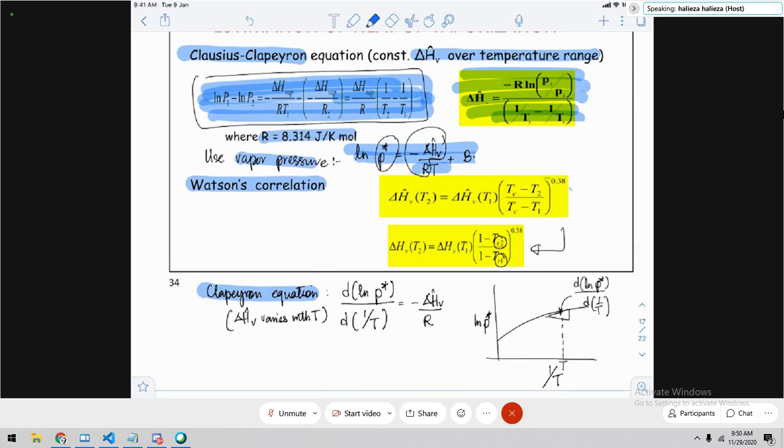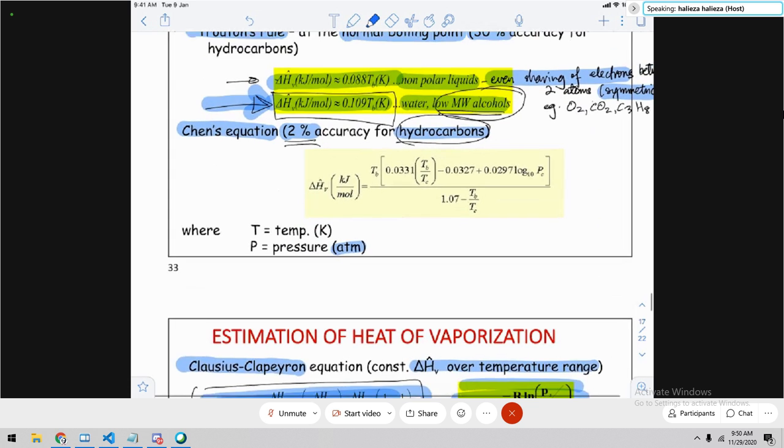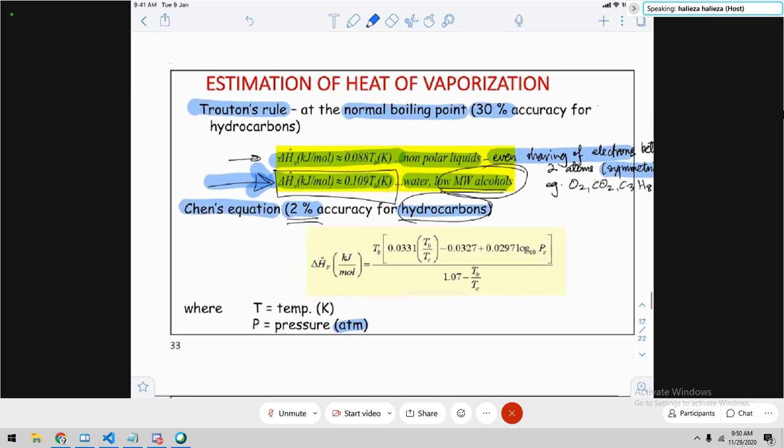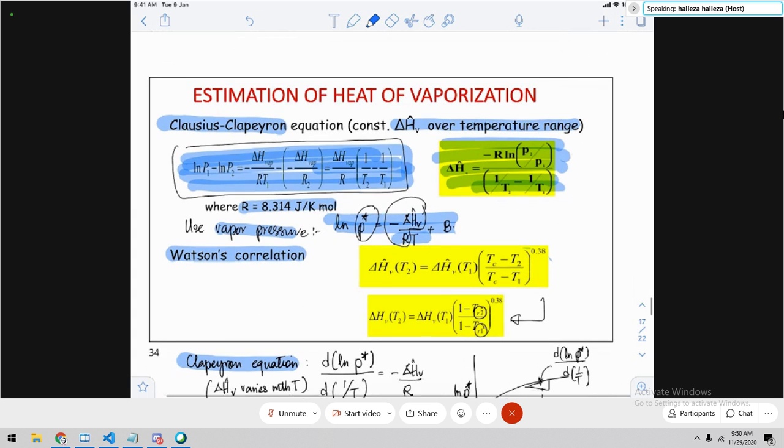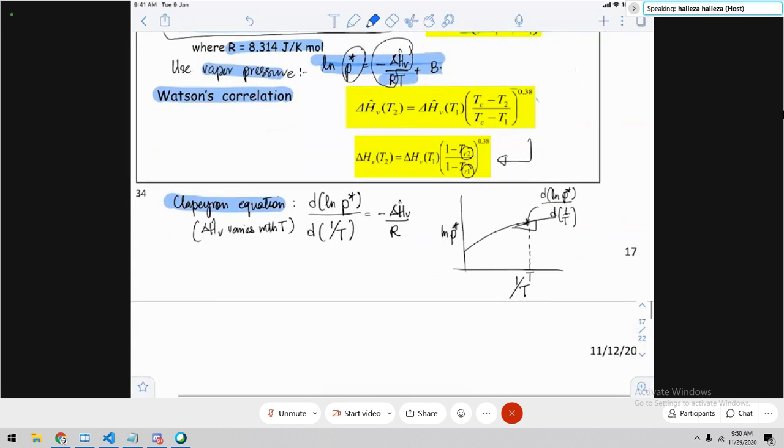That's the gas constant for that equation. So far, we have looked at the Watson correlation, Chen's equation, and Thornton equation. If you need to use the Clapeyron equation, then you need to plot the graph.